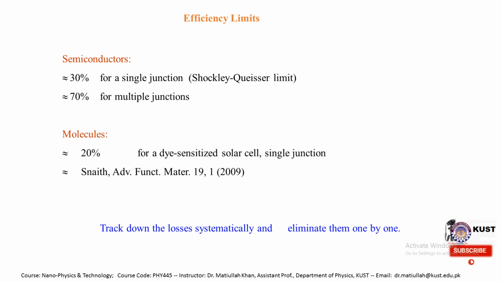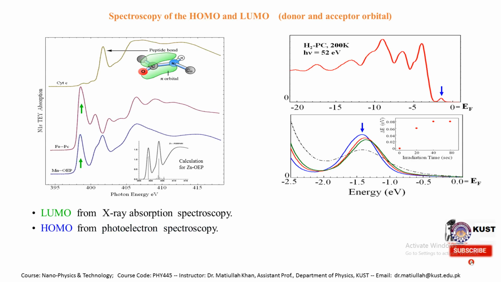So this is a bit interesting, how we can use different sorts of materials to improve the efficiency of that particular semiconductor material. We have the basic spectroscopy of the HOMO and LUMO, which are actually the donor and acceptor orbitals. That could be obtained from X-ray absorption spectroscopy and from photoelectron spectroscopy, where the binding energy is shown.